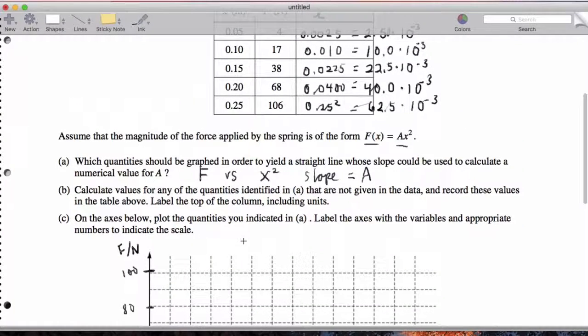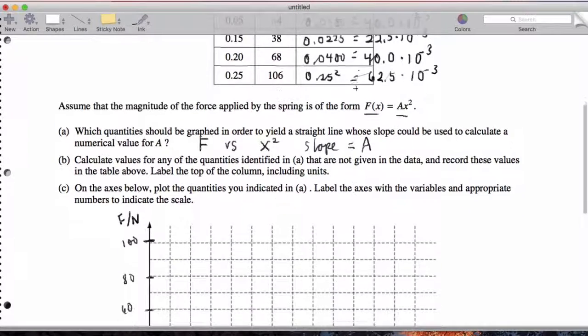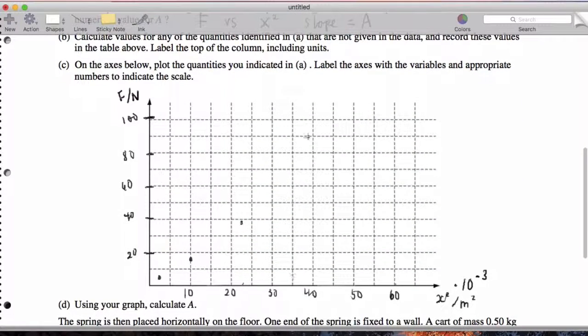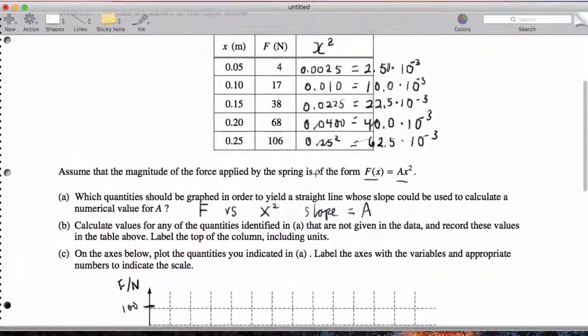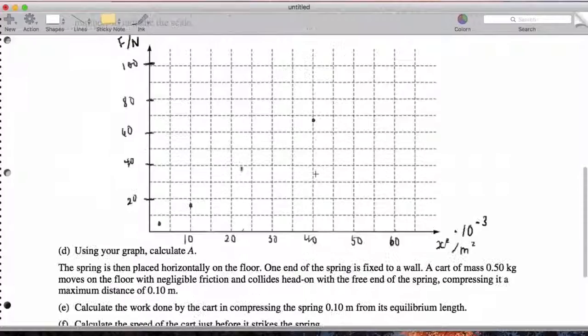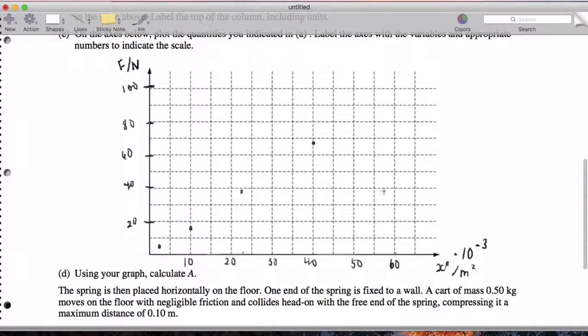Next, at 40 times 10 to the negative 3, we have a force value of 68. So right about there. And then lastly, at 62.5, we're at about 106. So right about there. And now we can go ahead and draw a line and use that to calculate a slope that we can use to get A.